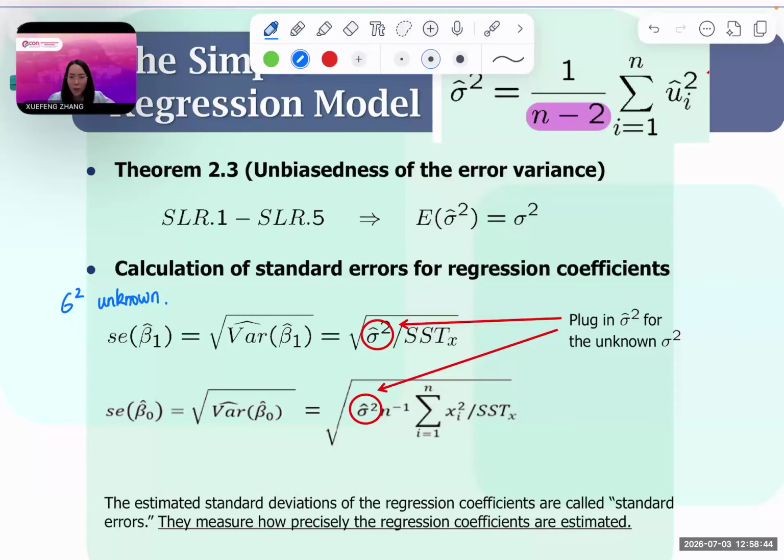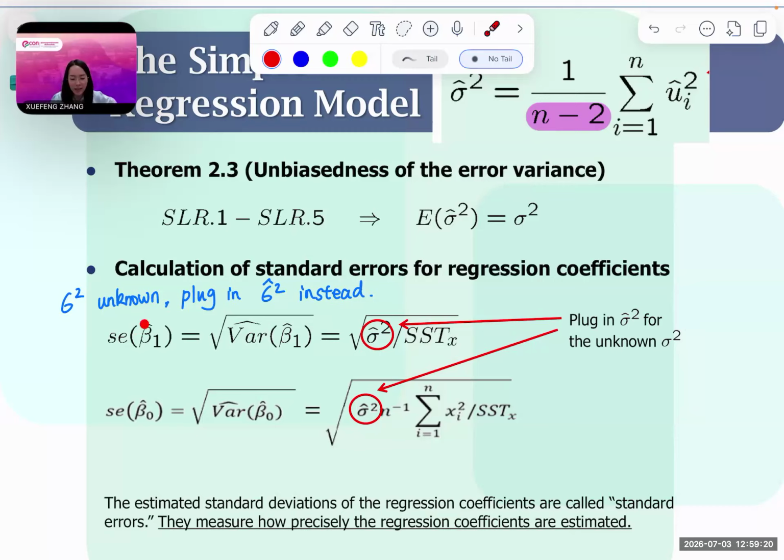That's why we plug in sigma square hat instead. That's why we have our sigma square hat here, and also for beta 0 hat, we have sigma square hat there. Okay, we plug in sigma square hat for the unknown sigma square.